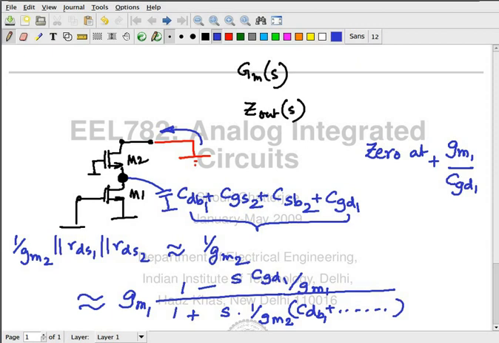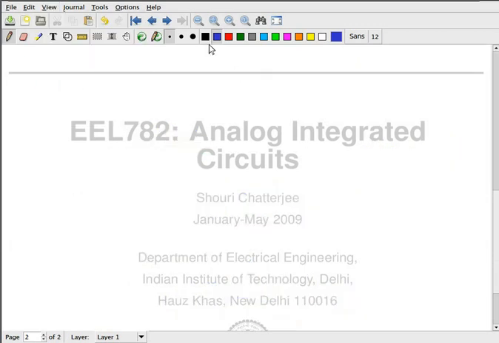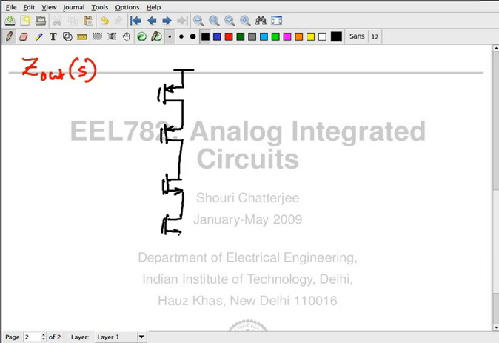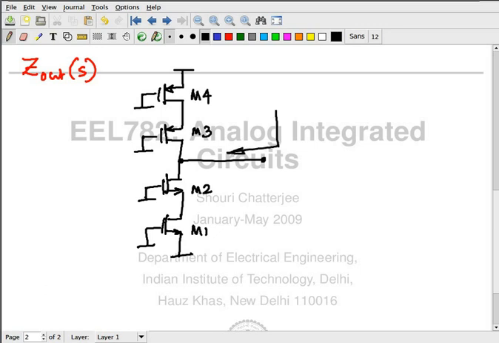Alright. Now we move on to the next important thing, and that is Z out of S. So once again I'm going to redraw my circuit, and now all the gates of the 4 devices are at ground because you have nullified the input voltage source.